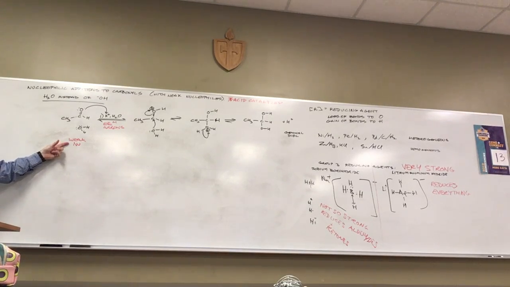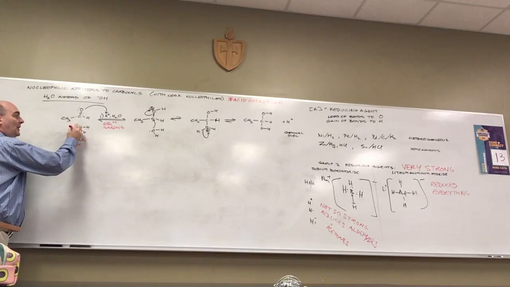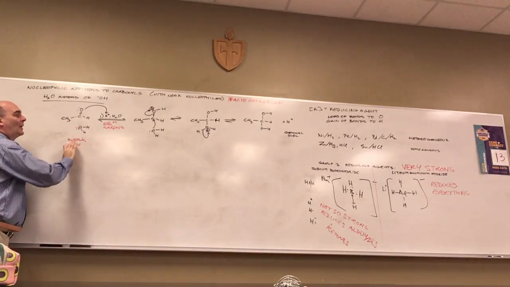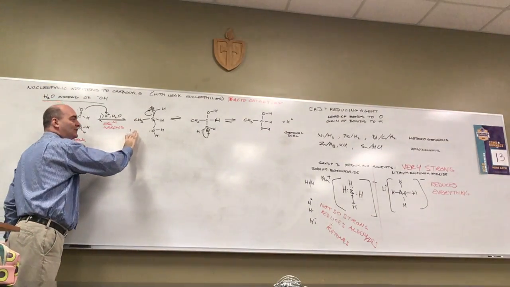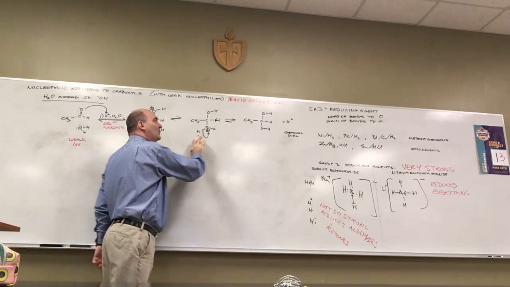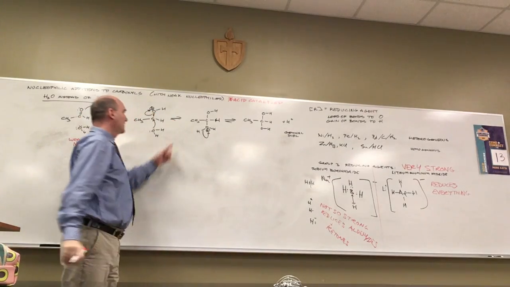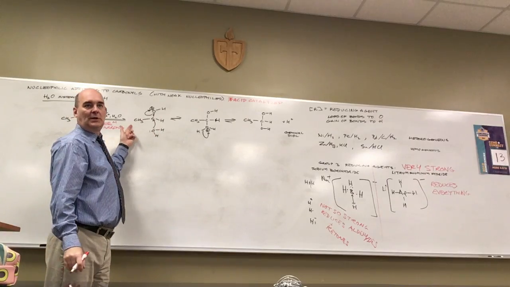Weak nucleophiles and weak bases make weak bonds. There's no negative here, so this is not a strong nucleophile. All you need to be a nucleophile is the lone pair of electrons. So I don't have something driving the reaction forward. All of these steps are going to be in equilibrium.